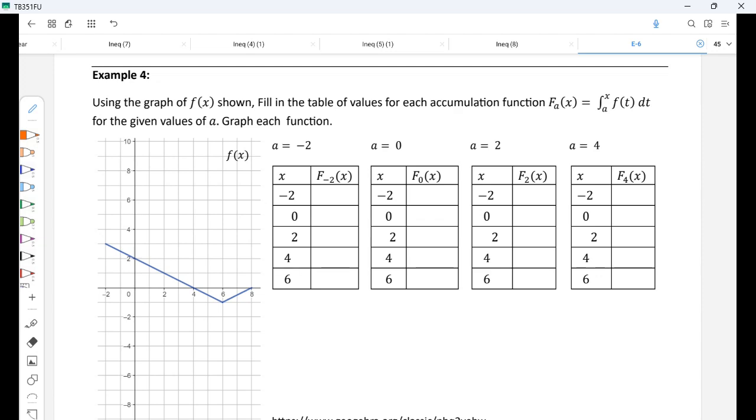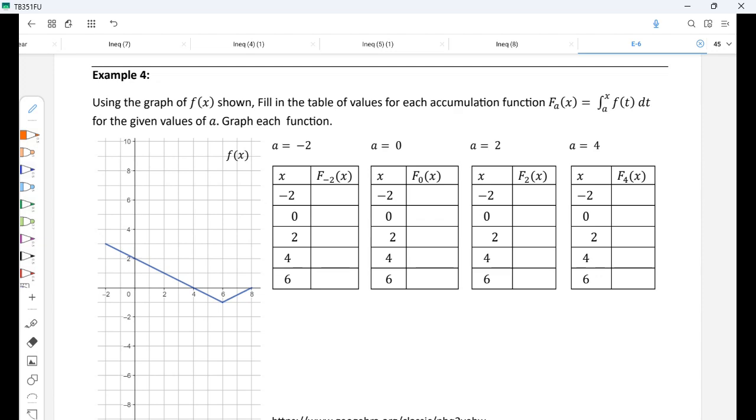One property that will definitely help you out with these problems is if I've got the f sub negative 2 of negative 2, and I want to know what that f of negative 2 is, that is essentially putting the same thing in the lower limit and the upper limit, right? So f of negative 2 has the lower limit of negative 2. When I plug negative 2 into it, that's also negative 2.